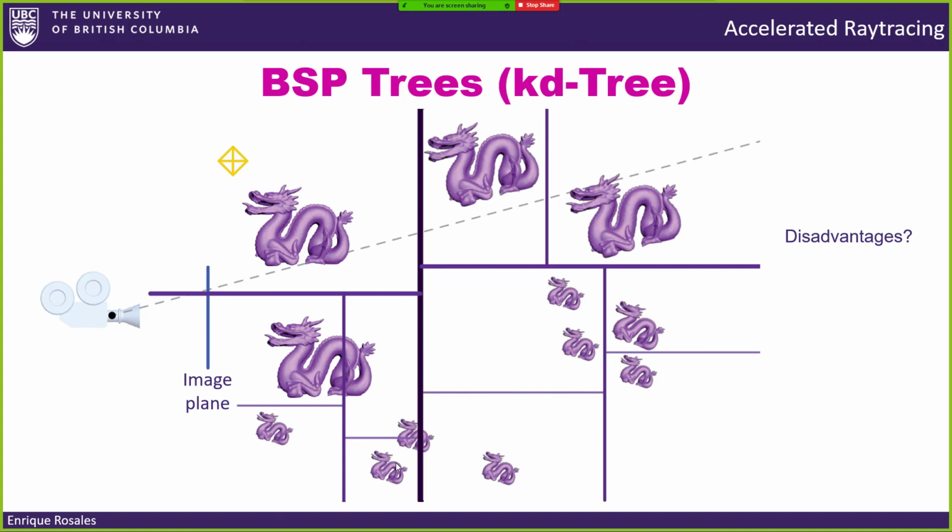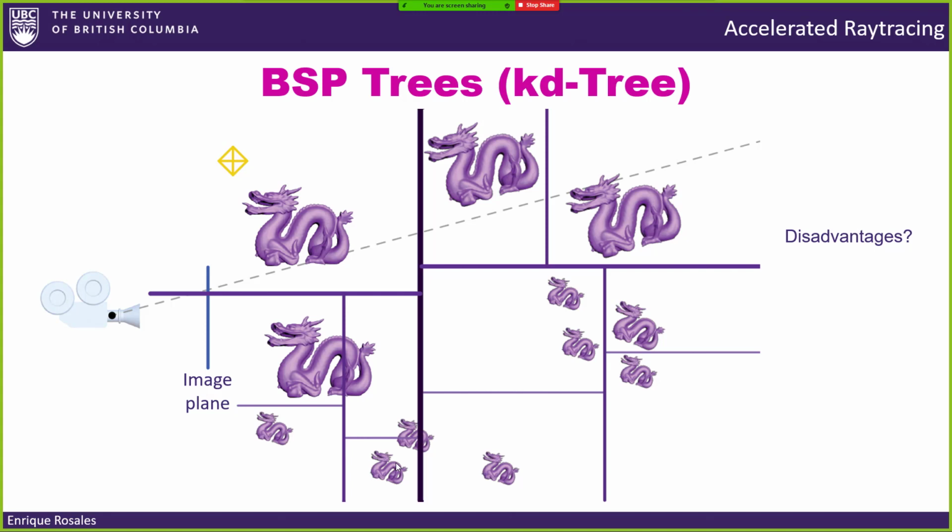And someone is saying some areas have many objects. Yes, that depends on where you stop. It's a very good observation, of course. We also discussed this last lecture when we were talking about regular grids. The thing is, how do I determine the size of my grid, or how many levels I have in my Octrees, how much deeper I go, creating small things.